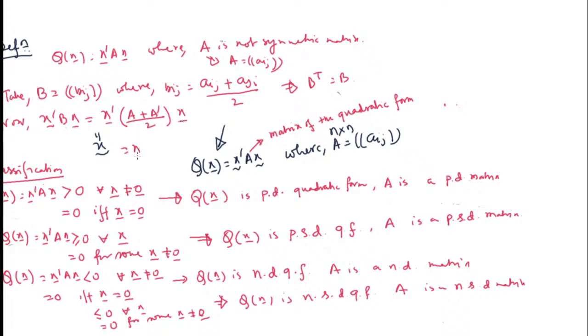So this is same as x̃'Ax̃. Hence we can always choose matrix A as a symmetric matrix.